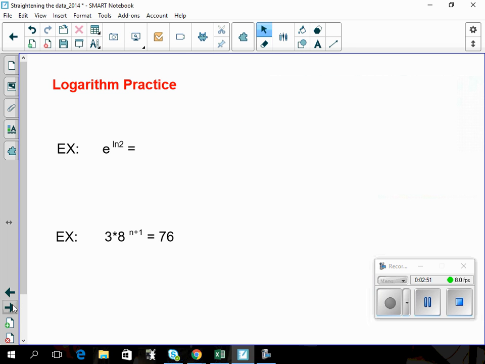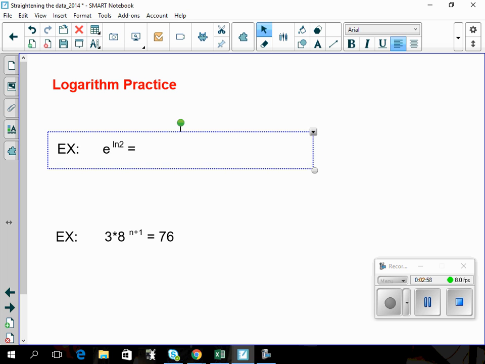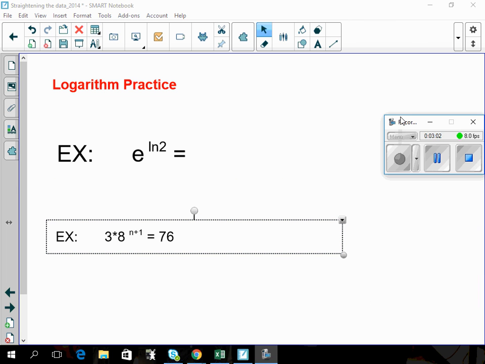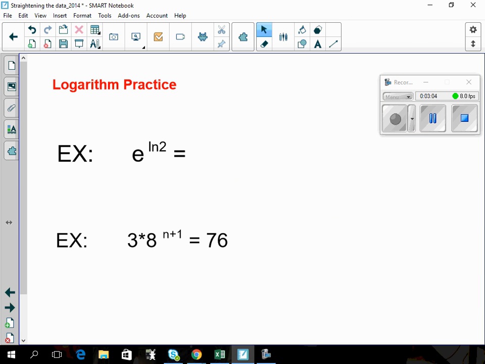Okay, so before we jump into it, I want to make sure we know how to deal with logarithms, okay? So let's just really quickly remind ourselves, I have a couple of examples here of how we could solve for these particular problems. So just remind me for the first example, how do I evaluate that? There's nothing really to solve. E to the power of the natural log of 2. We know it's 2.